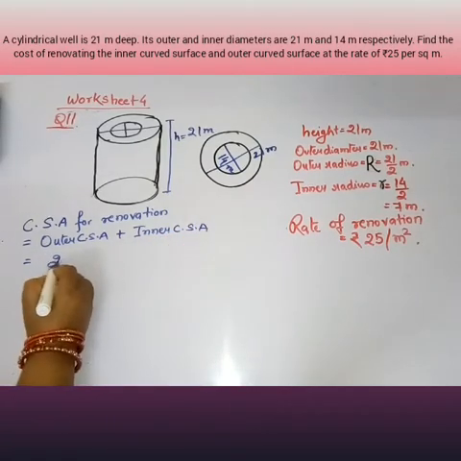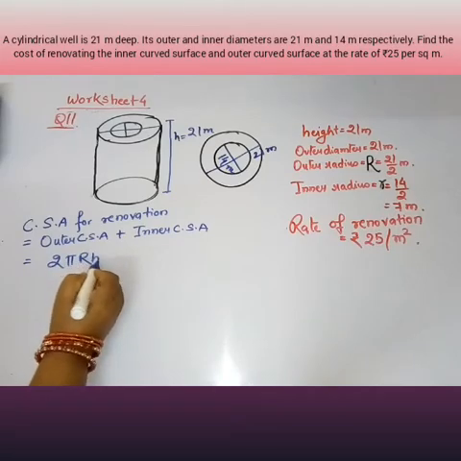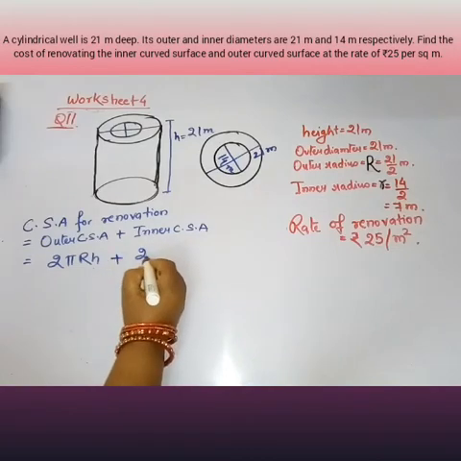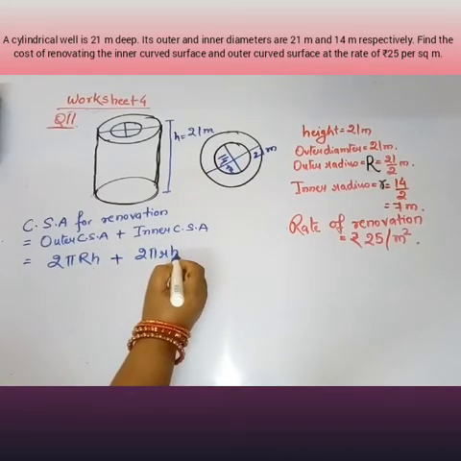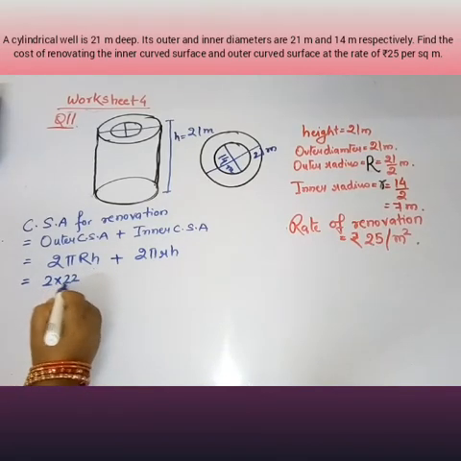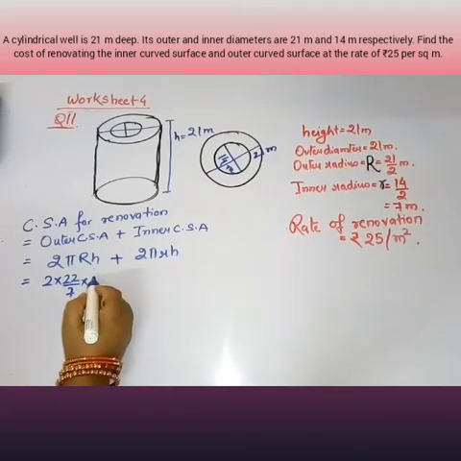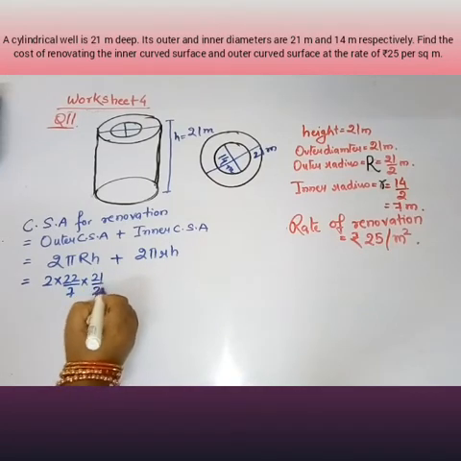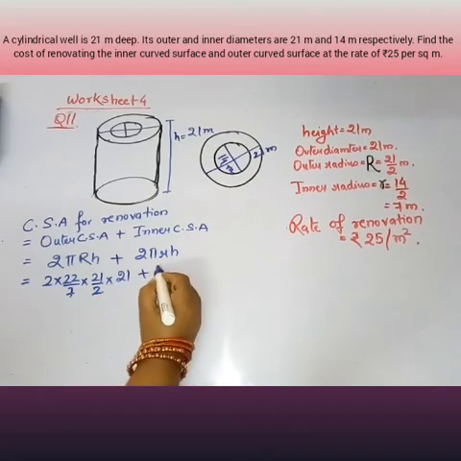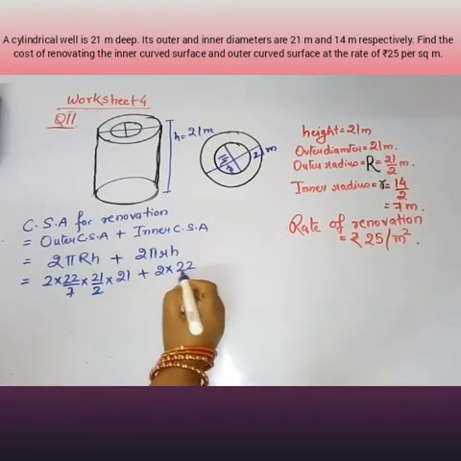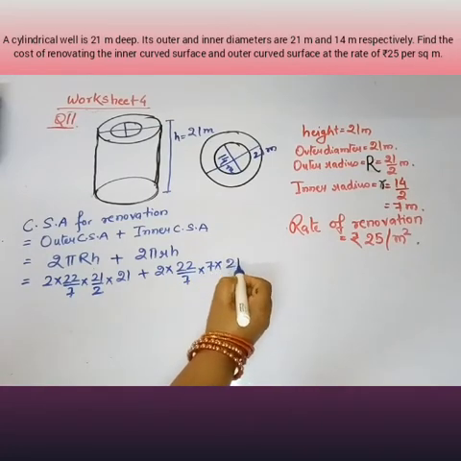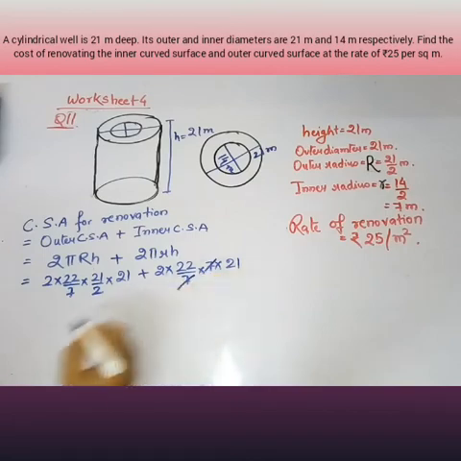Outer curved surface area is 2 pi capital R H, because I have taken the outer radius as capital R, and inner will be 2 pi small r h. Now this can be written as 2 into 22 by 7, R is 21 by 2 and the height is 21, plus 2 into 22 by 7. This is 7 and this is 21. So cancel.